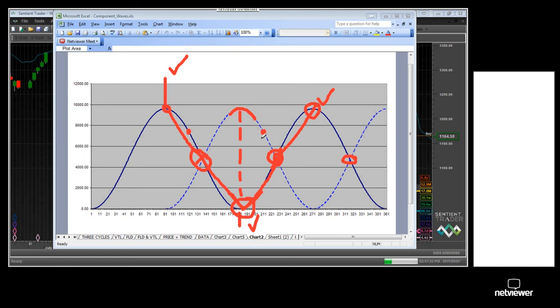So now at this point we would have this FLD information available to us, because at this point our FLD would go as far as here. Okay, so we would see that peak very clearly in the FLD. We would say, there's a peak in the FLD on this particular bar, therefore we expect the trough to happen on that bar. Those are the three ways in which we use FLDs.